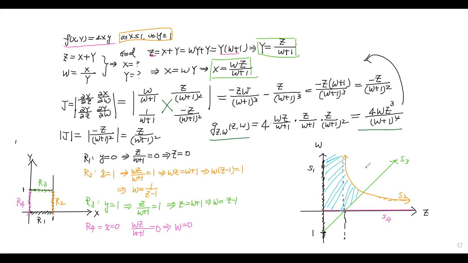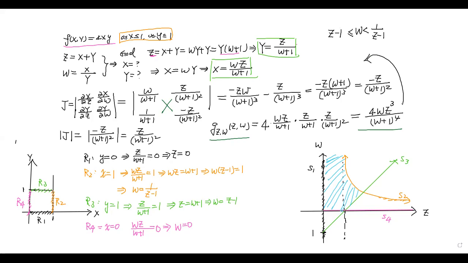So the first thing here will be w is between z minus 1 and 1 over z minus 1.